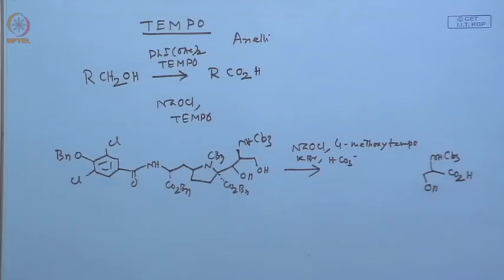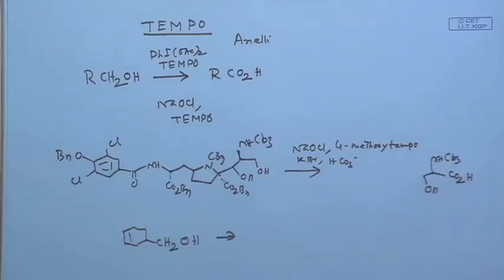The oxidation to carboxylic acid is not that easy though. For example, if you have ethanol and you want to oxidize it to the carboxylic acid, what is the method? Not many methods. Classically we used potassium permanganate, potassium dichromate, all these things.